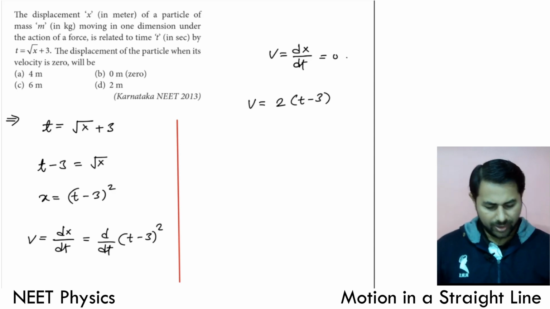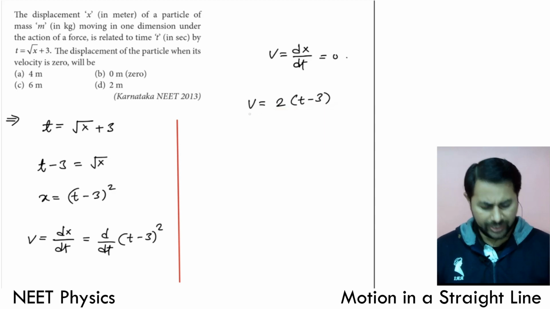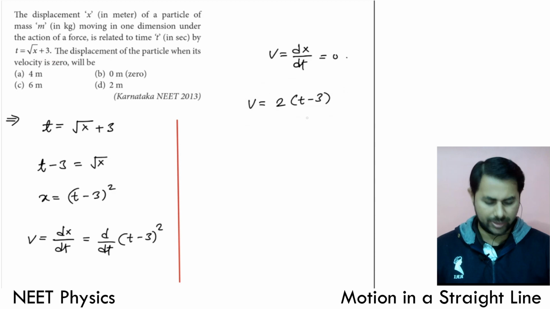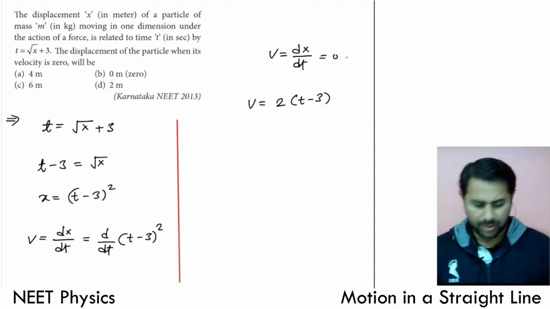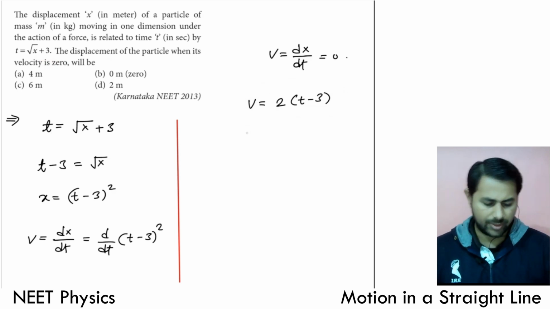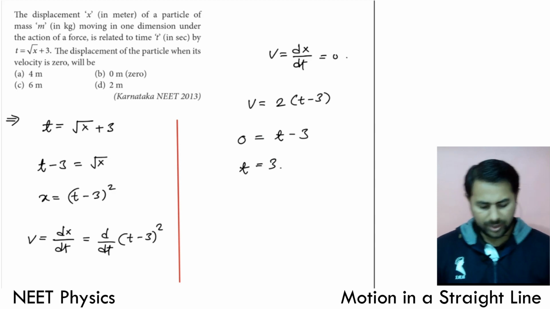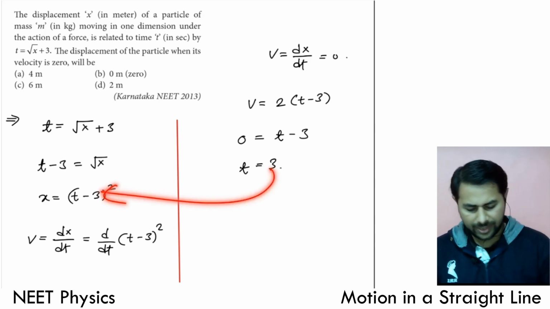Okay, so then you got v and you want displacement when v is equal to 0. So put v is equal to 0. If v is 0 means t minus 3 is equal to 0. Yeah, t is equal to 3. So if t is equal to 3, put that in x.